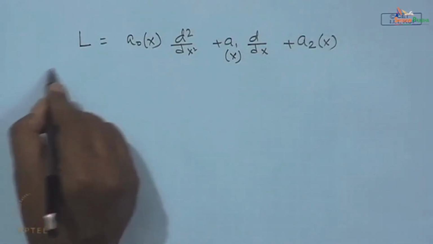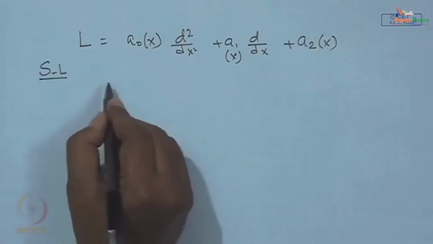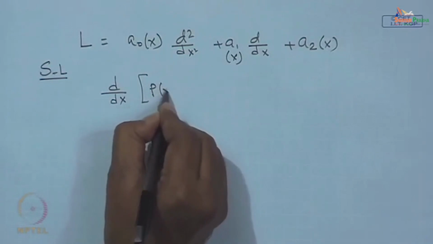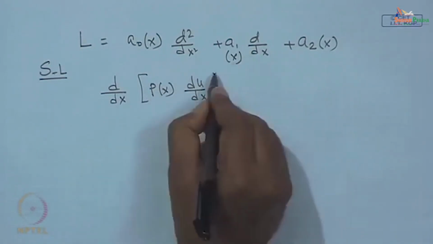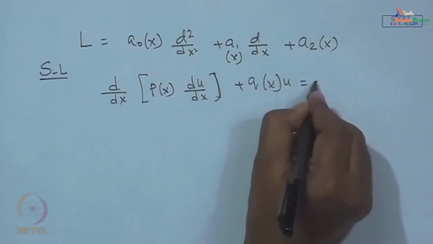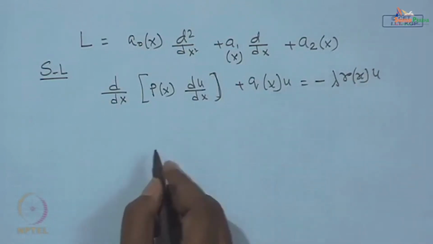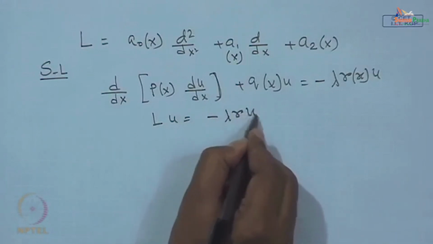Already we have seen that the Sturm-Liouville equation can be written in this form: d/dx of p of x du/dx plus q of x u is equal to minus lambda r of x times u. So, L u is equal to minus lambda r u.